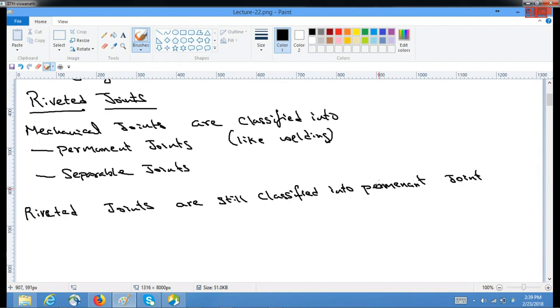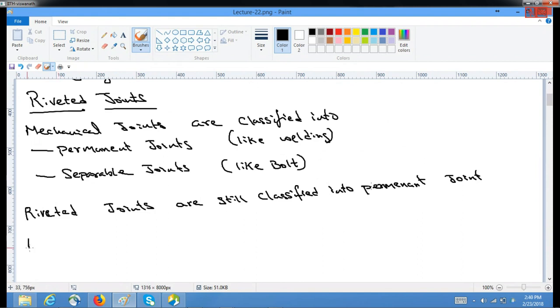This process, once you remove it, you have to redo the process. That is the reason riveted joints are still classified into the permanent joint. Whereas in the separable joint, if you have a bolted joint, you can remove the bolt and replace it at any other given point of time. So this is the kind of classification, and riveted joints is one of the permanent joints.